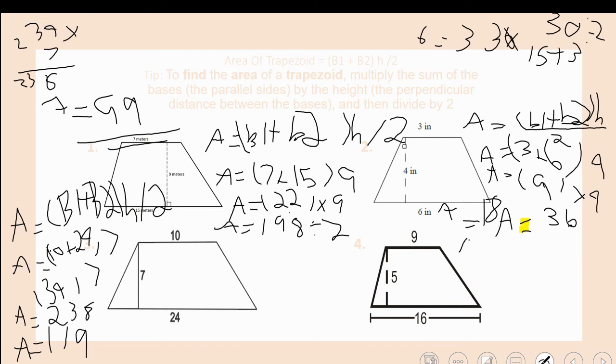So I'm going to write up the area: base 1 plus base 2, times height, divided by 2.